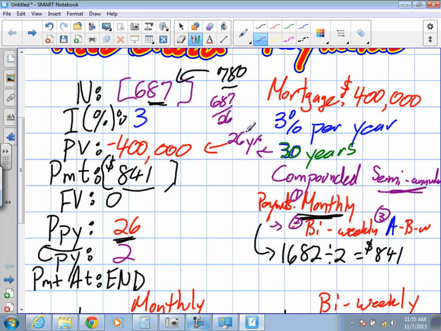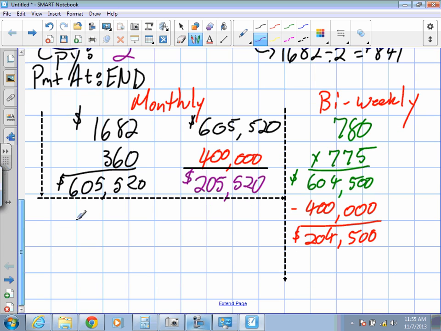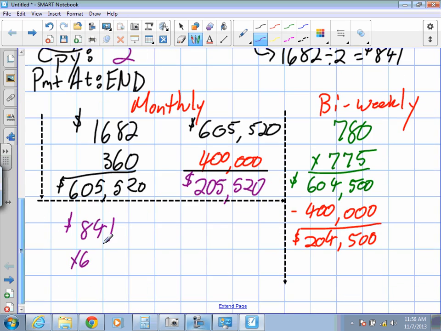Okay, so we're paying it off faster, and the amount of interest is also going to drop. Because we're paying $841 687 times, we'll calculate that. So that's $841 times 687. We're going to calculate this to our new amount. 841 times 687 gives us $577,767.